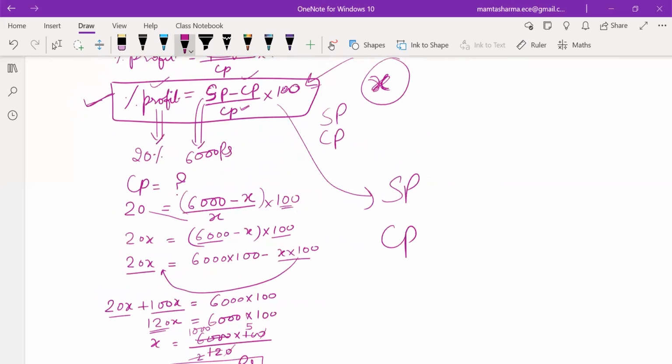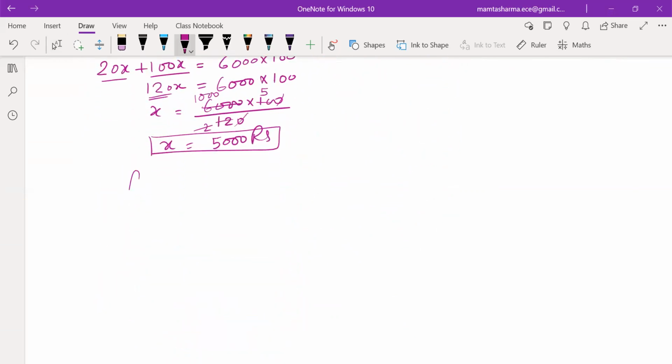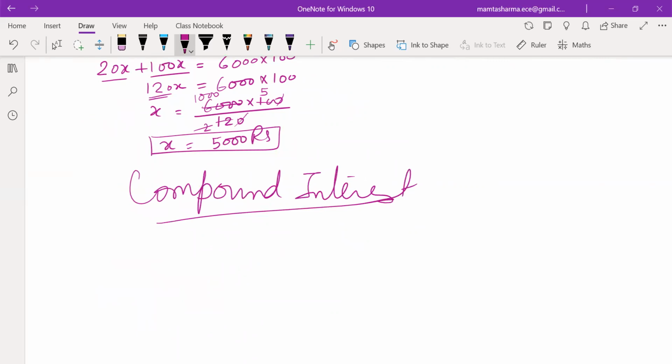Now see, these types of questions may come in your exam. Now we will see interest, compound interest. So what is interest, Ananya? Interest is, if we borrow something from the bank and we return it after a few years, if I am borrowing 2000 rupees from the bank and I return it after 2 years, then this money will not be the same.